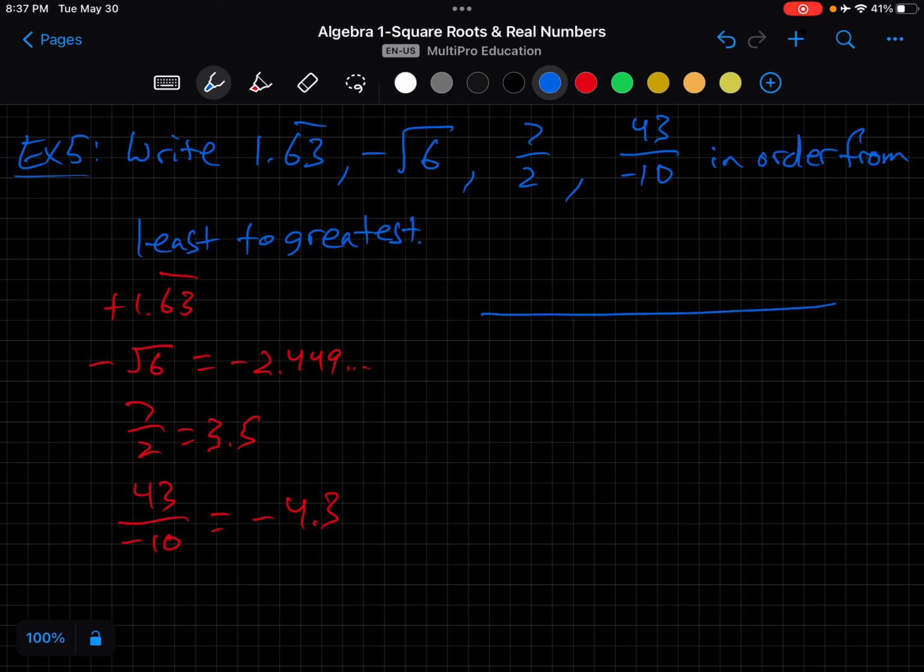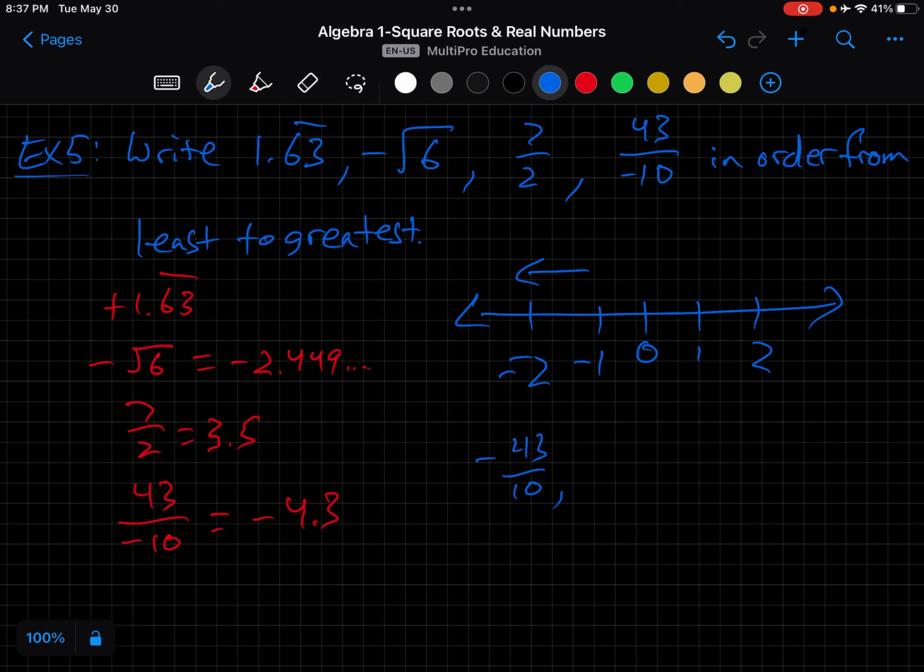Remember, on our number line, the smaller stuff is to the left. Okay, so minus 2 is smaller than minus 1. So therefore, minus 4.3 would be the smallest. Okay, let's list this the original way.